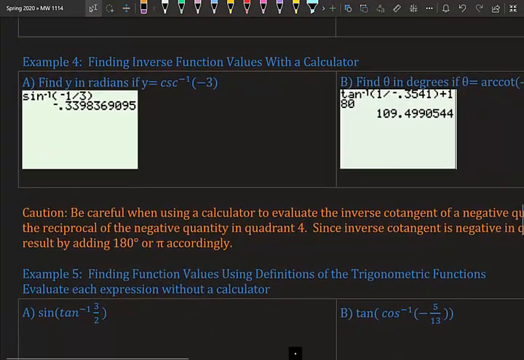Alright, we could also use our calculator to find inverse function values, so finding in radians and degrees. So for radians, if we wanted to find the inverse of cosecant of -3, remember that cosecant's not on the calculator, but we know that the reciprocal of cosecant is sine, so we could do the inverse of sine and take the reciprocal, so -1/3, and we get our radian value.